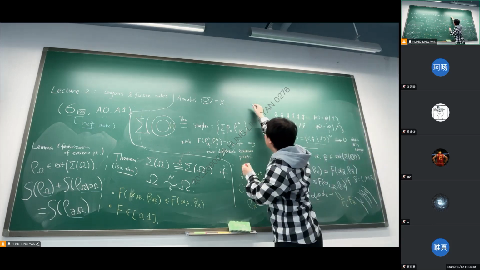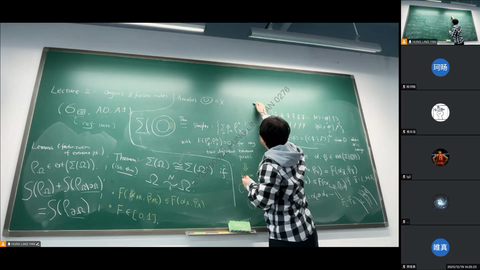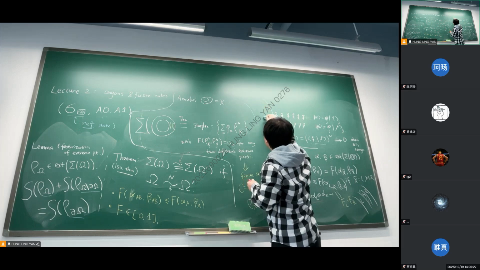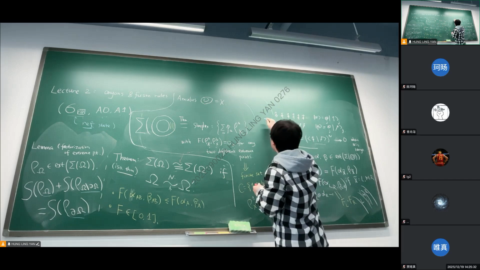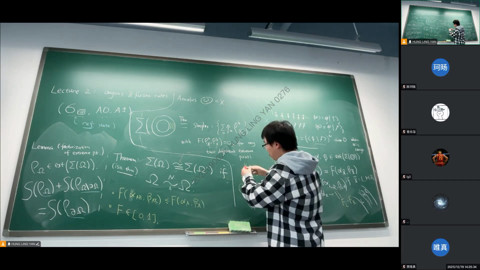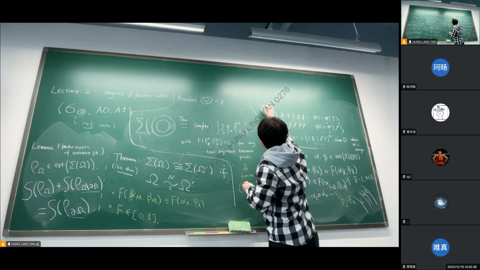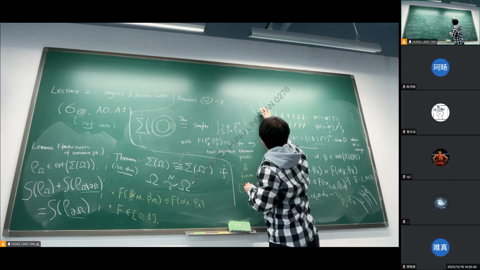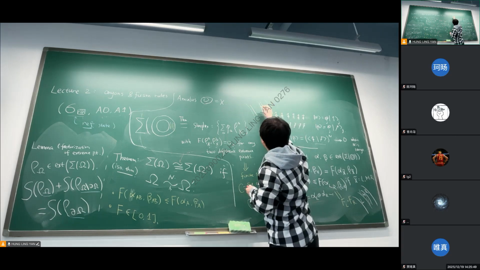So let me draw a better annulus. So this is the annulus. We call it X. And now we can partition this into many layers.